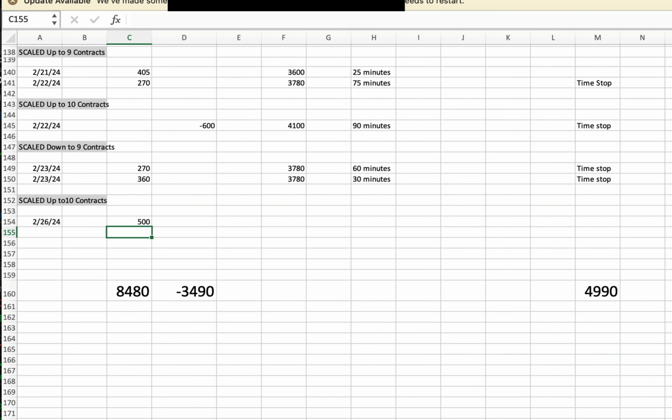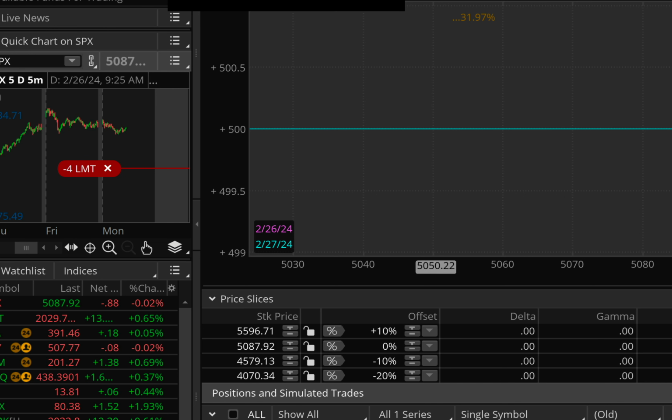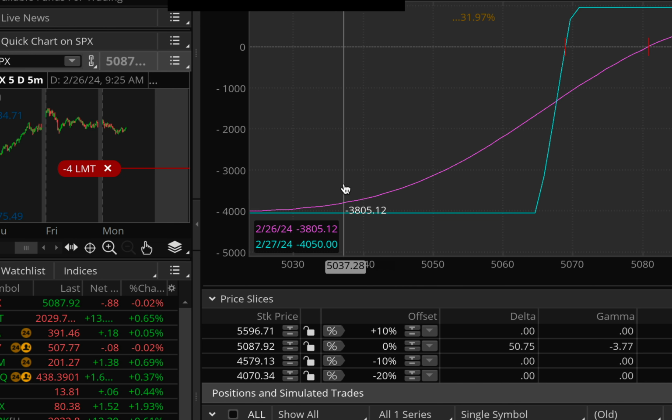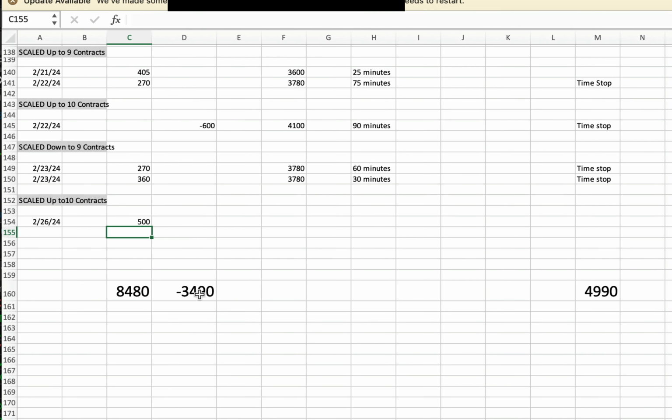What was the risk on this? Total risk on this trade was $40.50. This was like, I'm gonna guess it's probably like 90 minutes.